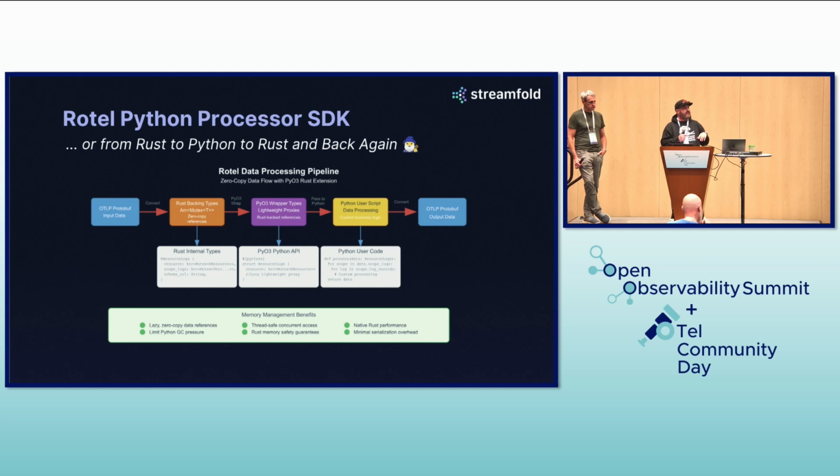A lot of other APIs speed up something in Python by calling into Rust, and you have to learn the API and all the functions. When you write this, you write pretty much just idiomatic Python. Then on the way out, we take the data out of those Rust types, turn it back into OTLP, and send it along.